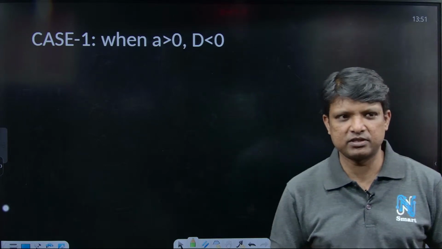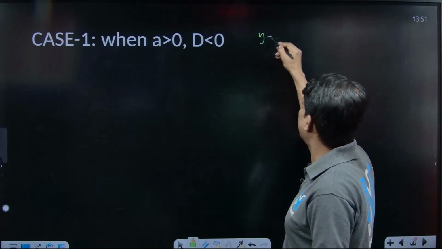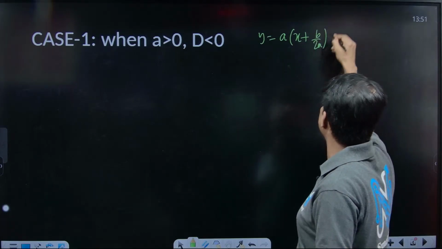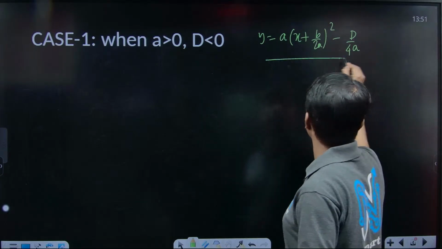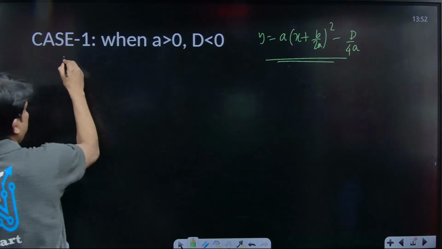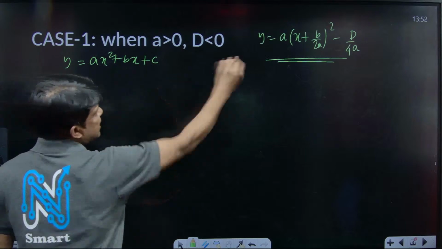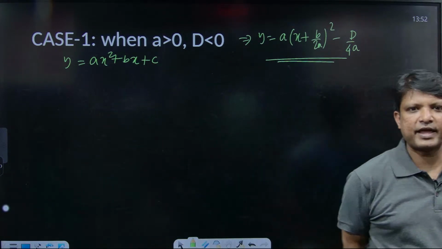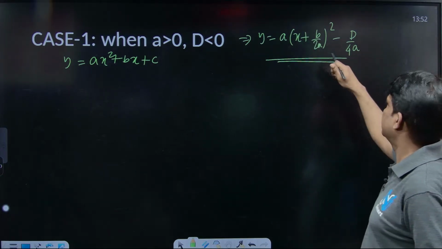A positive, that means just now I discussed y equal to a into (x plus b by 2a) whole square minus discriminant by 4a. This is our parabolic form, a quadratic expression y equal to ax square plus bx plus c transformed to that equation. When a is positive, the first term is positive, d negative, that means the whole expression is positive.